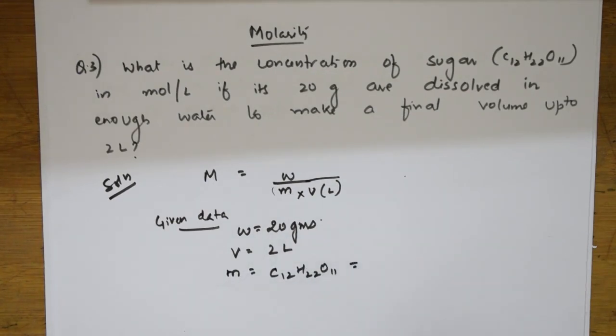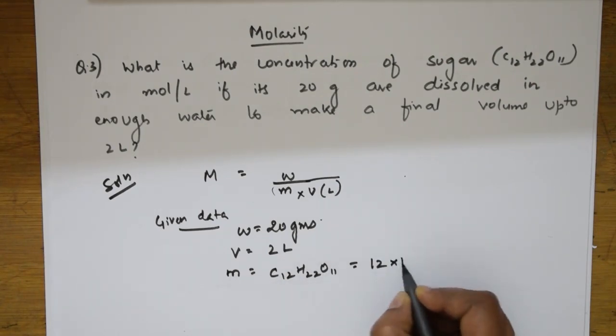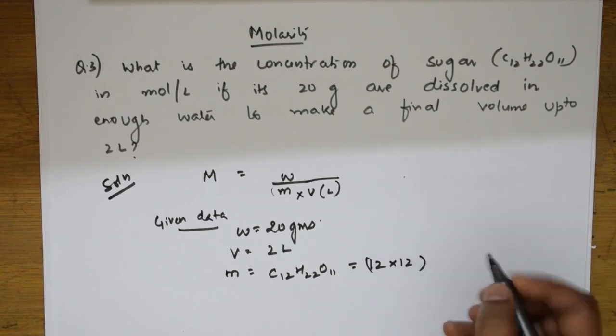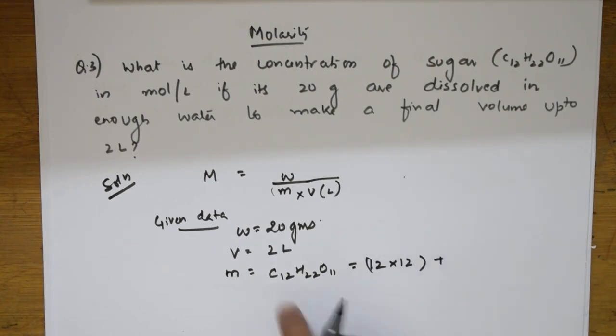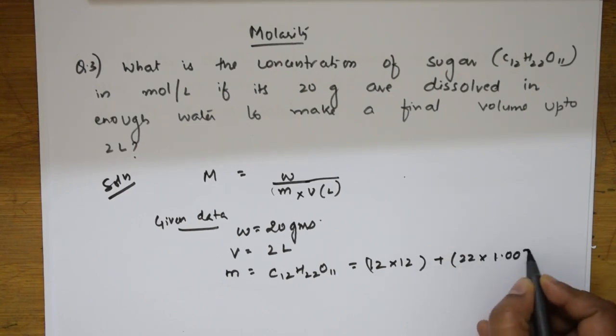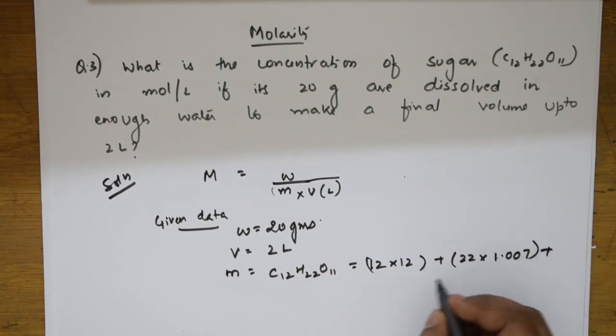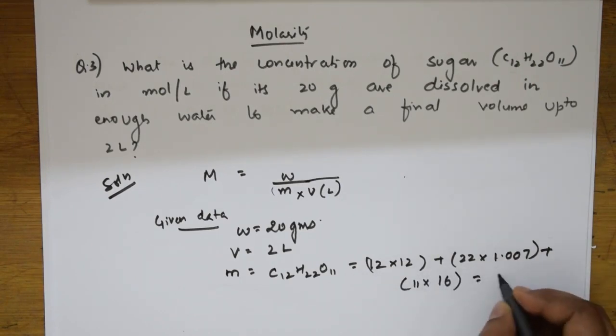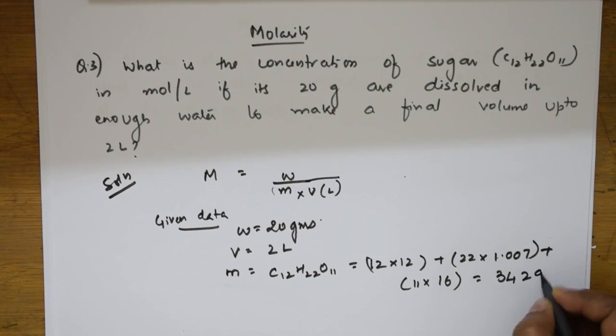How much is this? It's 12 into the mass of carbon, 12.01, plus 22 into 1.007 of hydrogen, plus 11 into 16 of oxygen. Total this comes to 342 gram per mole.